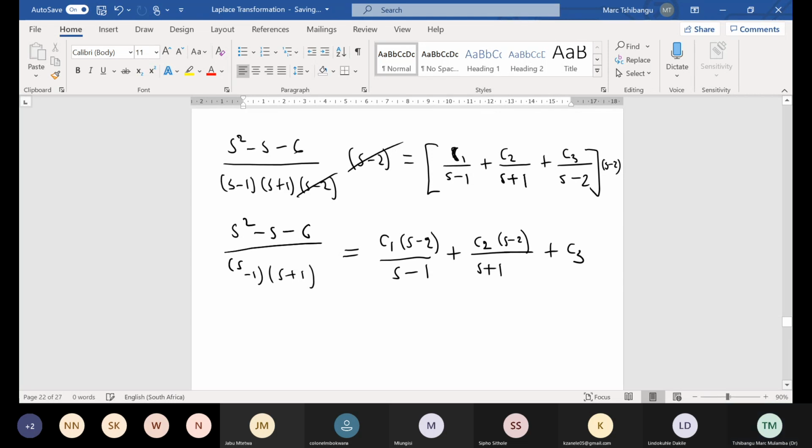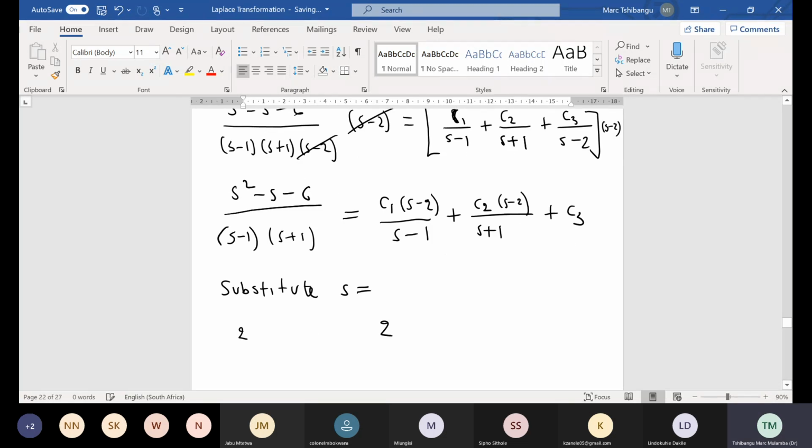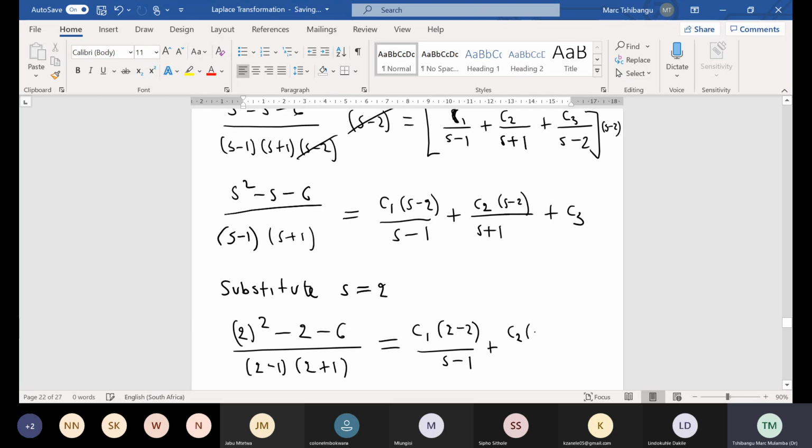Now S equals 2. We're going to have (2 squared minus 2 minus 6) over (2 minus 1)(2 plus 1) equals C1 times (2 minus 2) over (S minus 1) plus C2 times (2 minus 2) over (2 plus 1) plus C3.